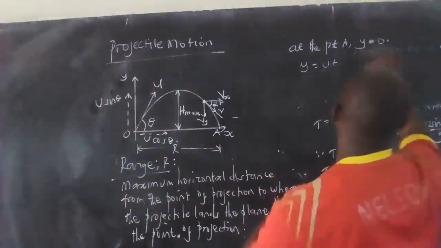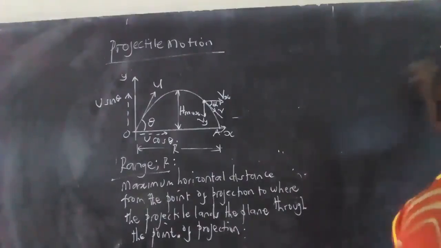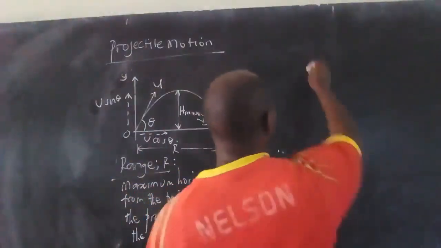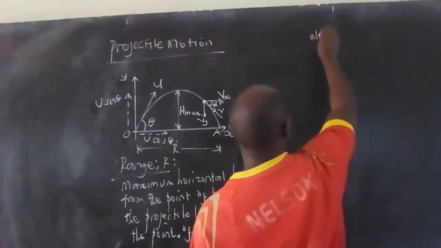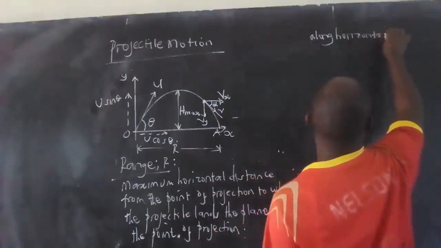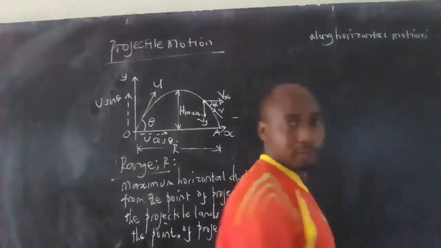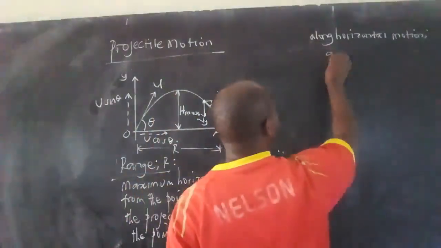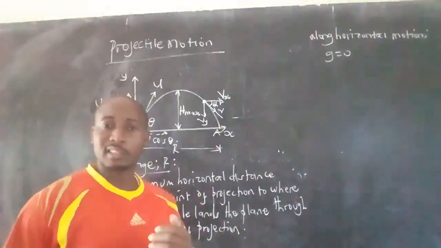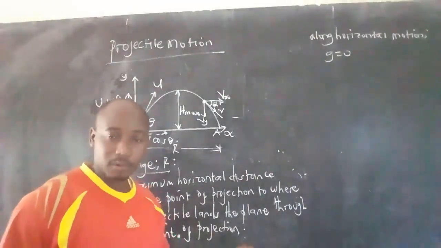Then we shall now say that is horizontal motion. So along horizontal motion, what happens? g is equal to 0, because the body is not affected by acceleration due to gravity, or it is not moving under the influence of gravitational pull.